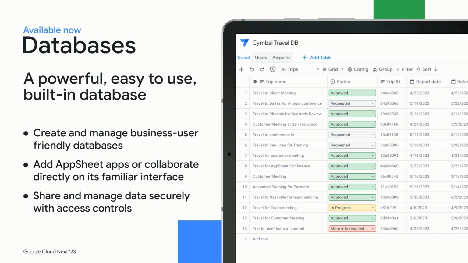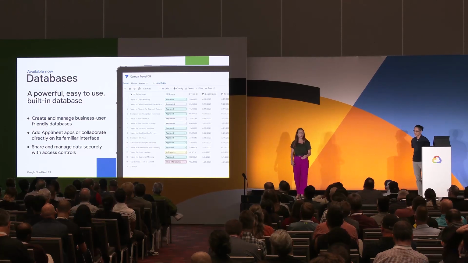So AppSheet Databases is our built-in data source for app building. It is a purpose-built solution to power all of your AI-backed apps, and it reaps the scalability and sync times that come from being built off of Cloud Spanner. Altogether, it makes working with your tabular data easier than ever, which we're going to see in the demo coming so soon.